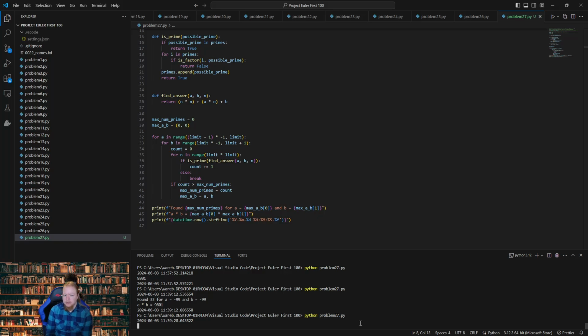And unfortunately, this is, again, taking quite a while. Okay, so I'm not sure. Should we just leave that running? I think for right now, let's just leave it running while we think about how do we make this more efficient.